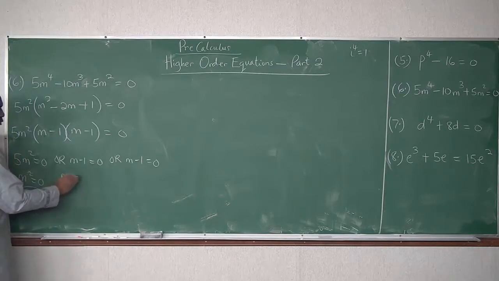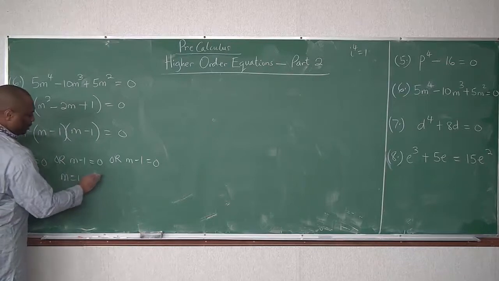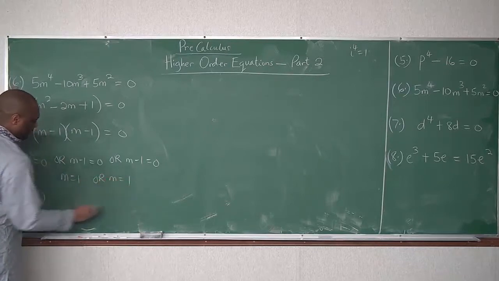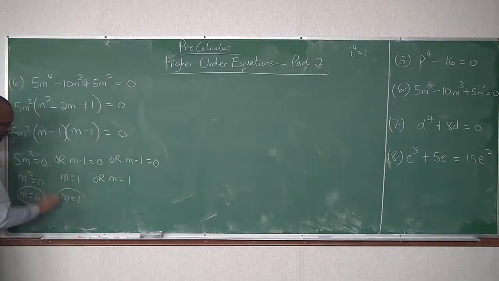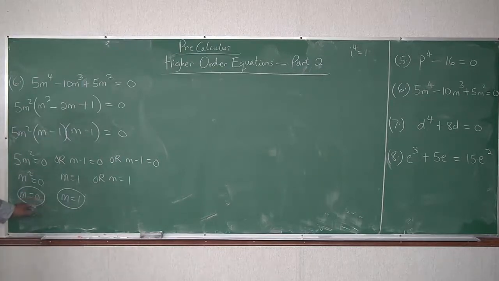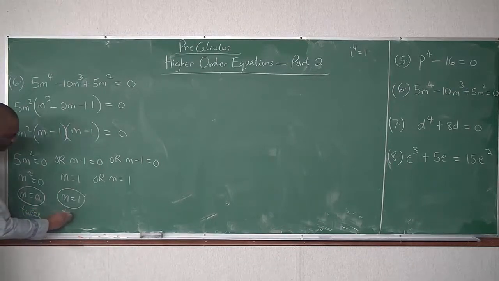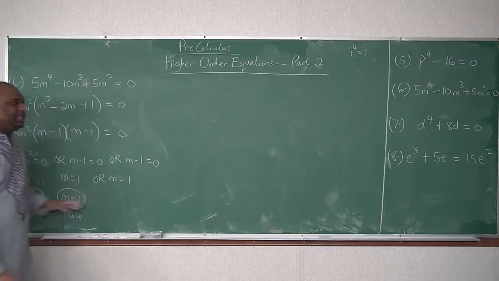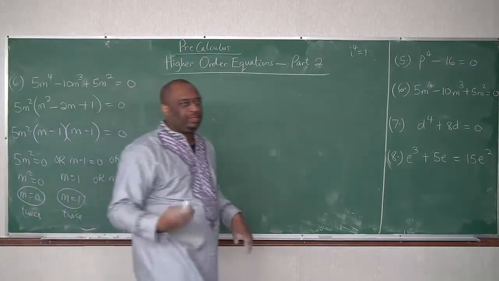Then m is 1 here, and m is 1 here, so m is 1 twice. So multiplicity is 2 here. We shall talk about that later on. So m is 0 twice, and m is 1 twice. So the multiplicity of each root is 2.